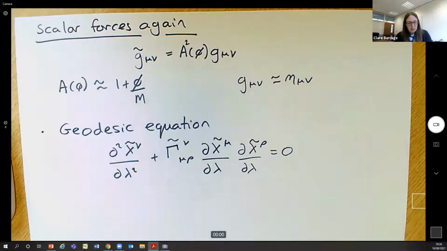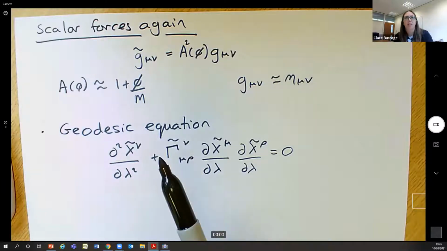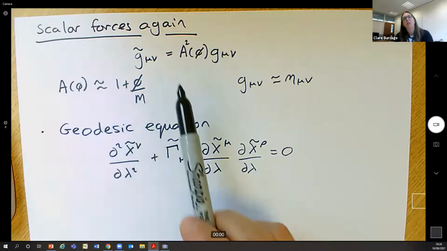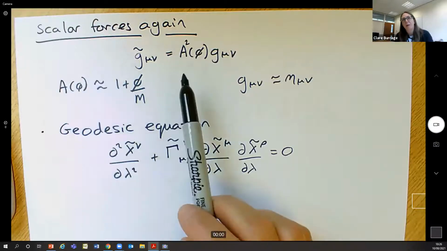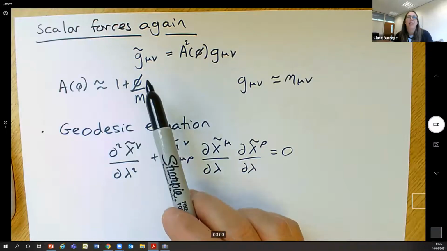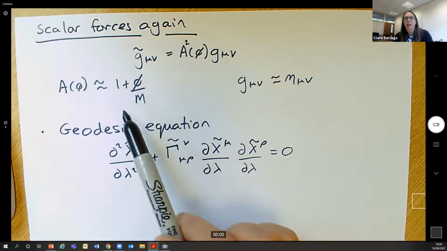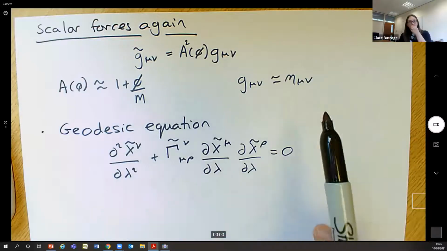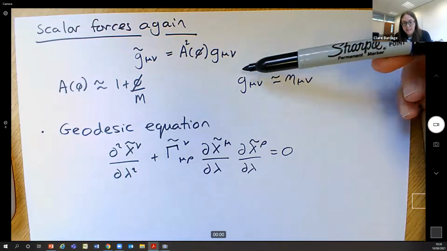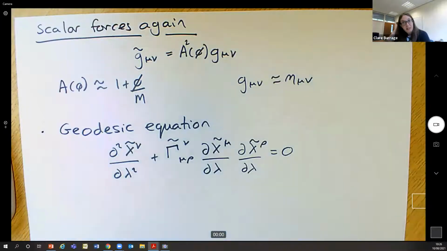Okay. So to make our lives a bit simpler, and we're going to do this for most of the rest of this lecture, I'm going to make two choices. I'm going to assume that I can Taylor expand my coupling function A, so that at leading order it's 1, and then we've just got some linear piece and some energy scale m here. And I'm also at this point going to assume that I can set my gravitational metric to be just a Minkowski metric.